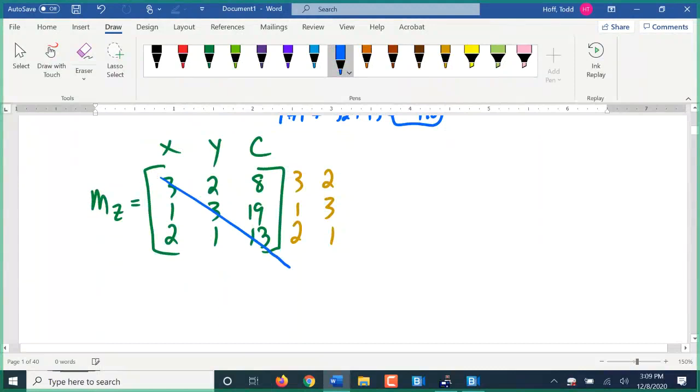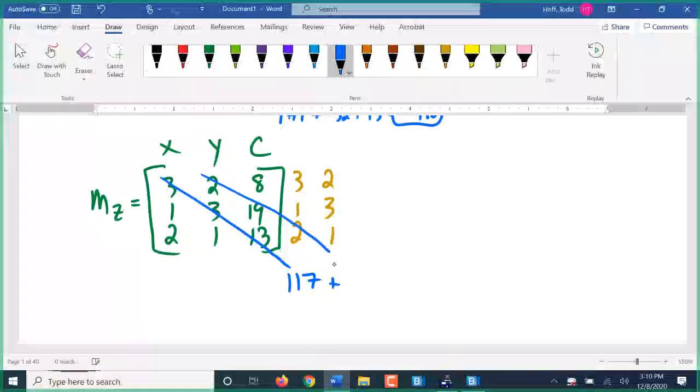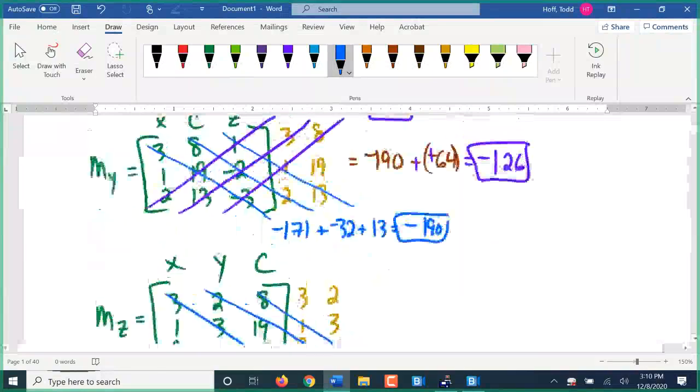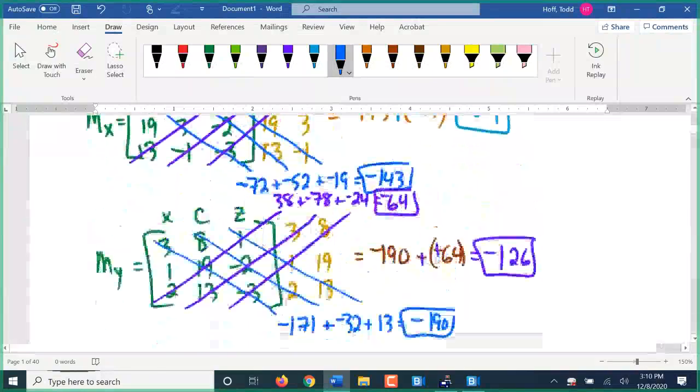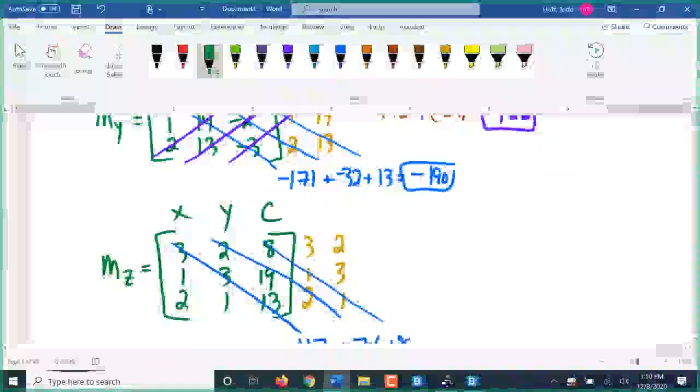3 times 3 times 13, I believe, is 117. 2 times 19 times 2, I believe, is 76. 8 times 1 is 8. No negatives here? There's a -1 here.